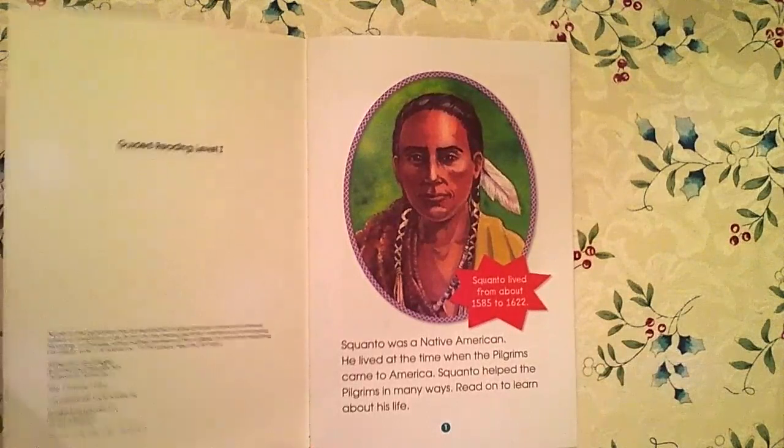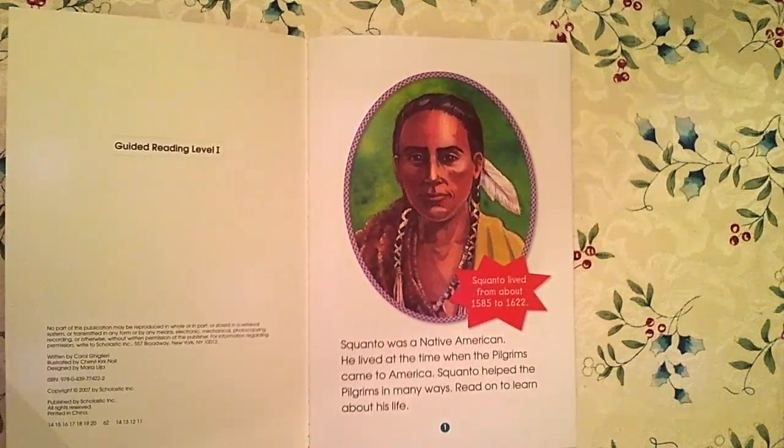Squanto was a Native American. He lived at the time when the Pilgrims came to America. Squanto helped the Pilgrims in many ways. We're going to read on to learn about his life.